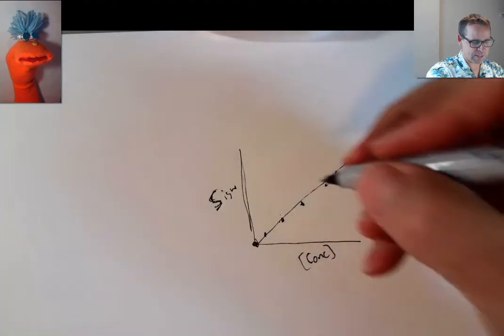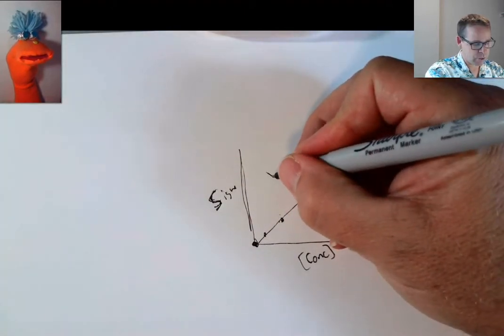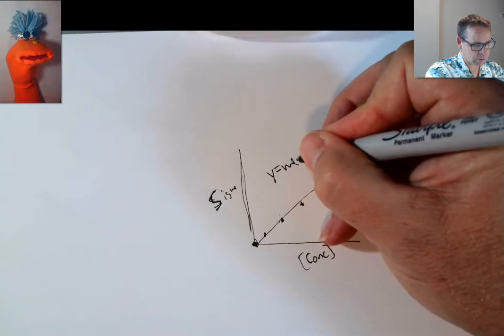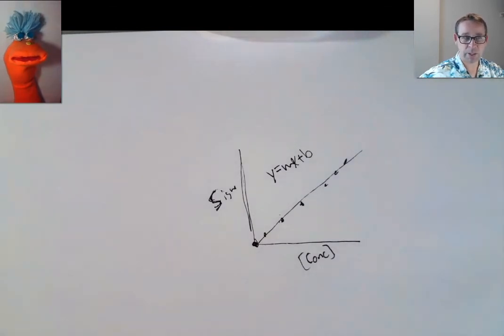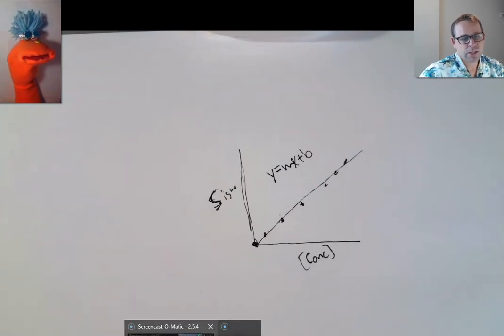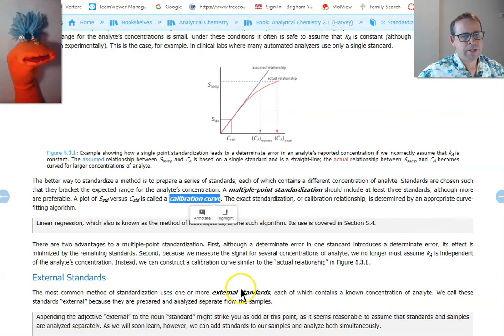But then from this signal versus concentration curve, or this calibration curve, you get a relationship. Now, there are reasons why sometimes you would expect to have a linear relationship, Beer's law, for example, but there are reasons that you might not expect to have a linear relationship.